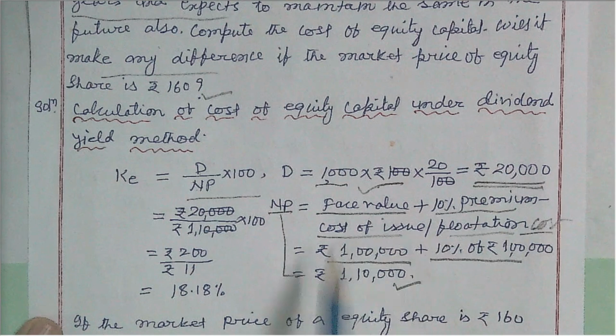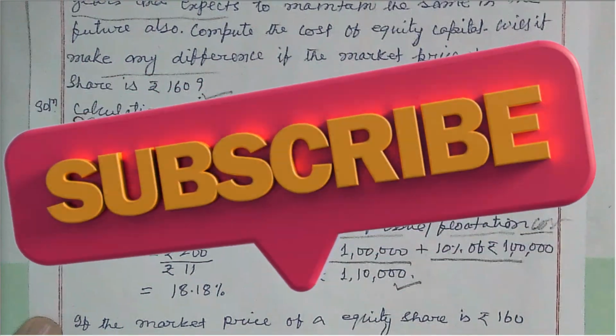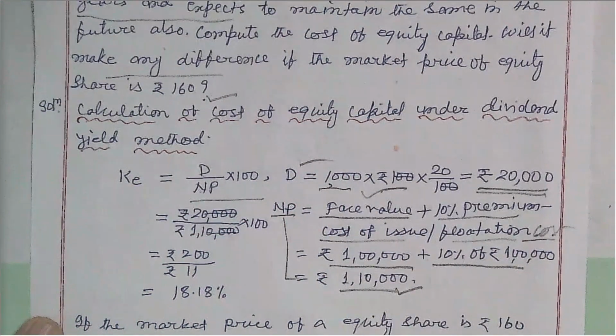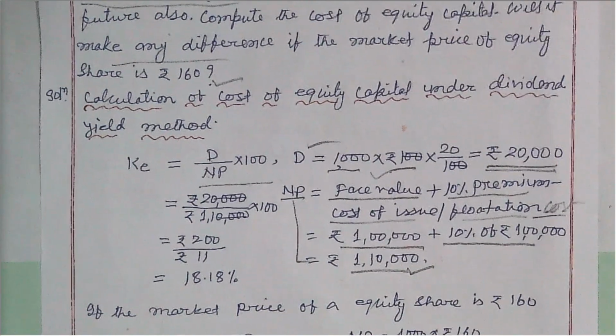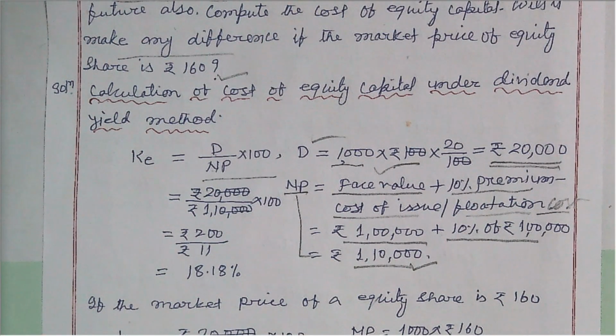Now the dividend D we got is 20,000, and the net proceeds we have is 1 lakh 10,000. So 20,000 divided by 1 lakh 10,000 multiplied by 100, and you will get the dividend rate of 18.18%.